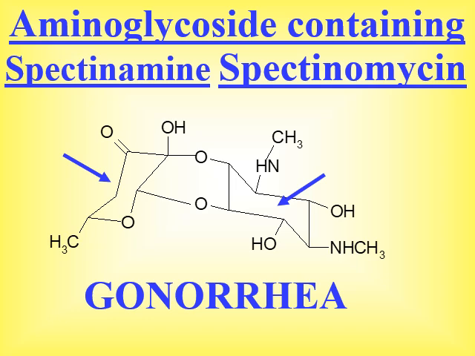As you see here is the spectinamine having the methylamine in the 1 and 3 position, but it differs from all before that it consists of 2 units only and not 3, 1 inositol and 1 sugar. It is obtained from the Streptomyces spectabilis, and it is considered to be the drug of choice in the treatment of gonorrhea.